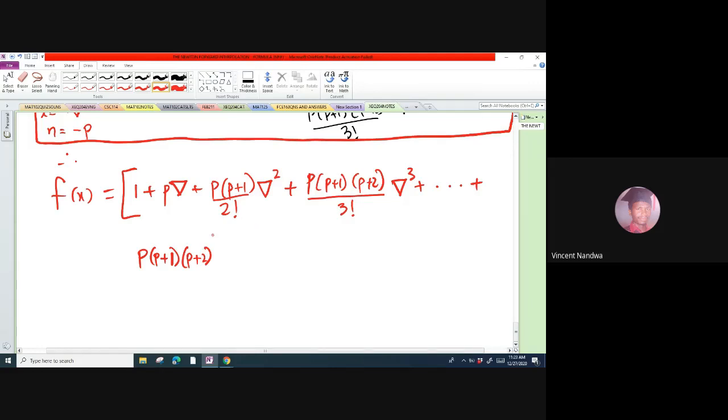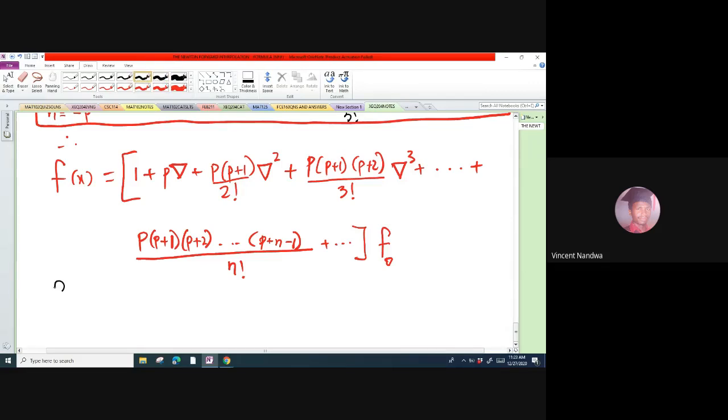Now remember the last one, the nth one, should be p and then plus n minus 1 and then over n factorial, so plus several terms, times f naught.